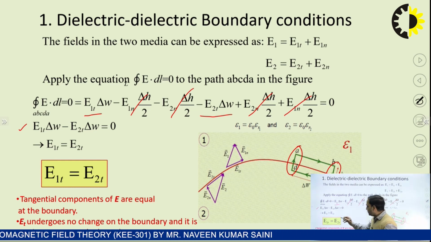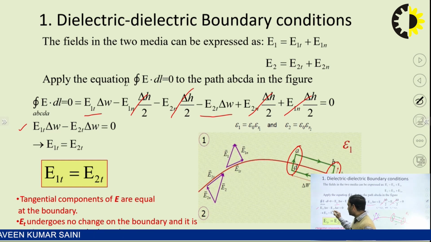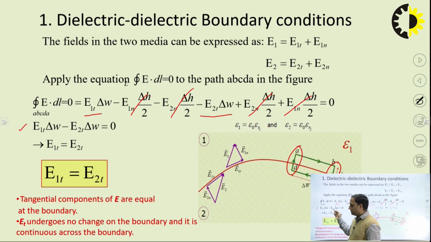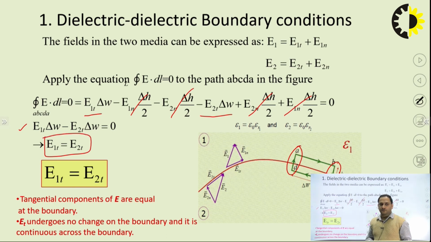Because delta W cannot be 0, E1t will be equal to E2t. The statement for E1t equal to E2t is: the tangential component of electric field intensity is continuous at the interface.